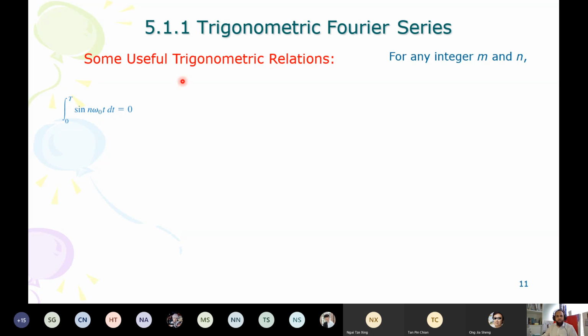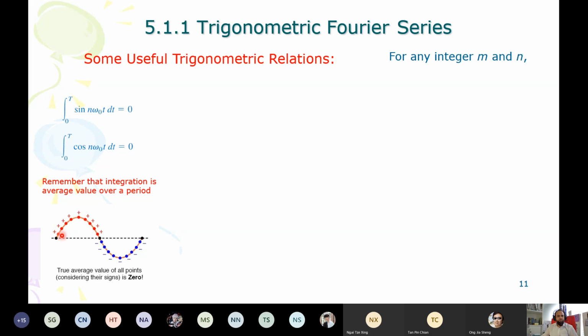Whatever it goes up, it comes down, so it will be zero. Similarly for cosine, which is something like this. Whatever the positive values will be cancelled out with the negative values, and the average is zero. So the average of sine or cosine over one period is zero. Okay, I hope you remember this.